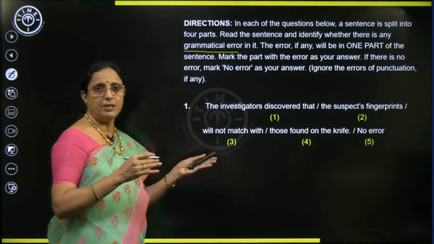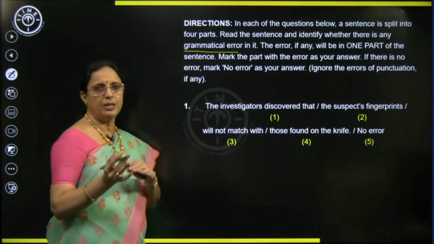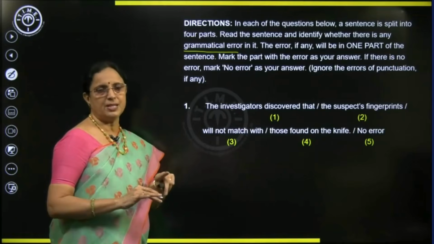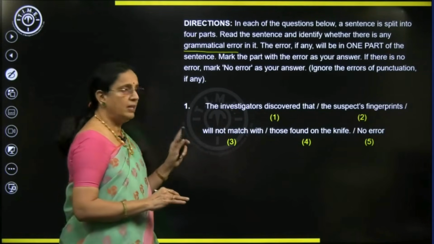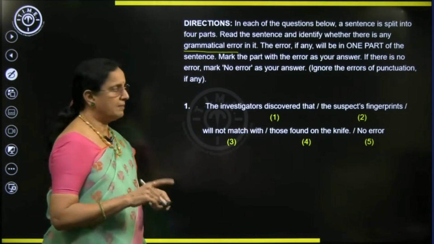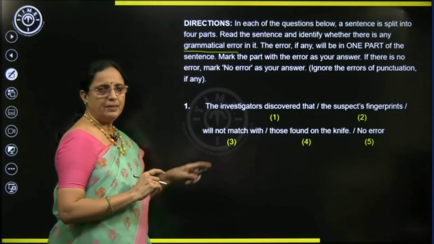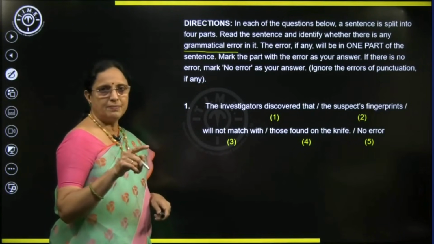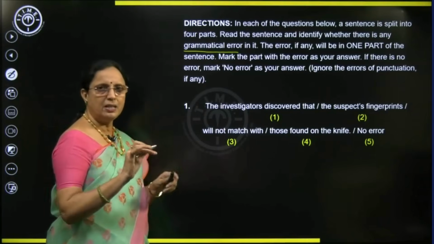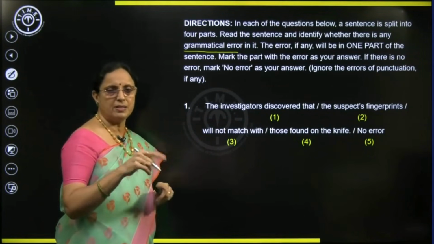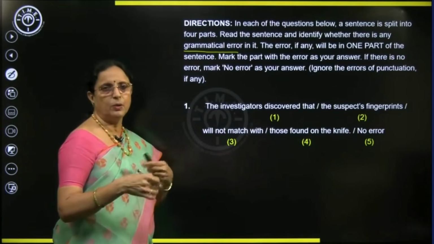Singular noun, singular verb, plural noun, plural verb. Very simple, basic ones. And then prepositions. Now let's start. First thing is, whether they may be right or wrong, you should focus on the verbs and then the prepositions. Other ones you can identify easily, but when it comes to verbs and prepositions, many youngsters overlook them.